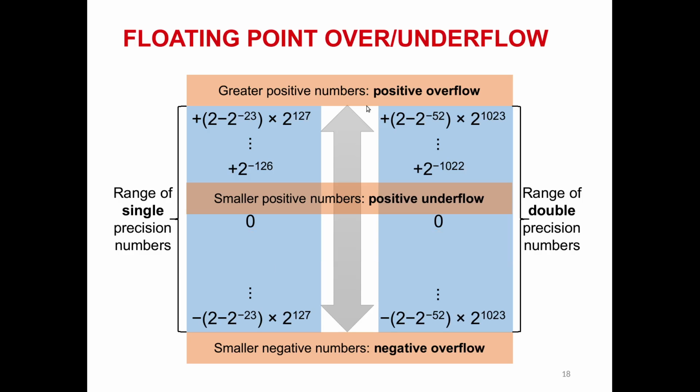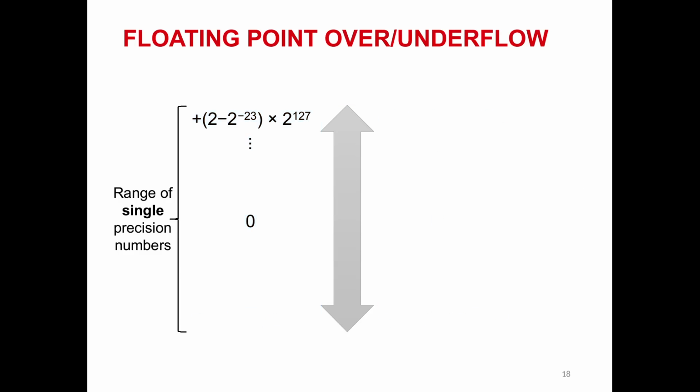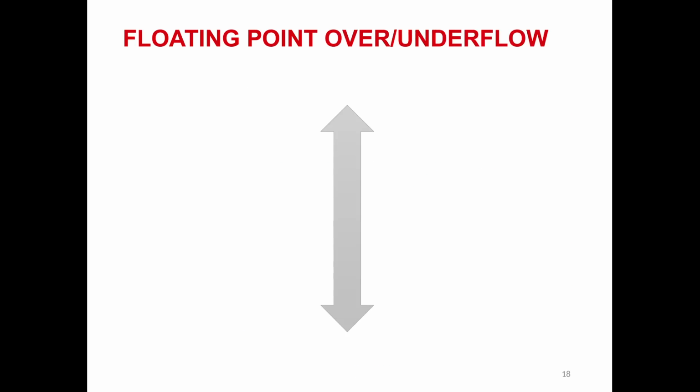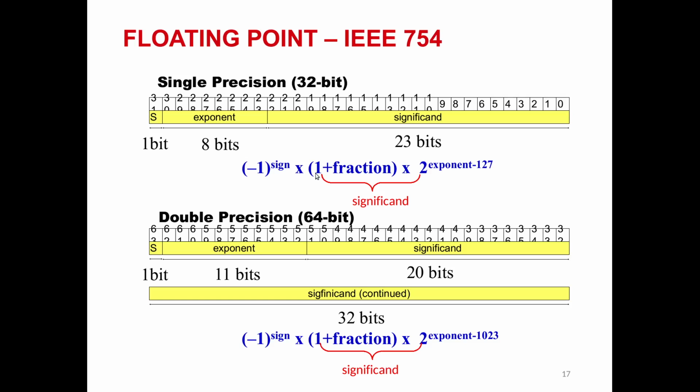So if we look into this format, you can see that it has the same format as the single precision and double precision, which is 1 plus a fraction, multiplied by 2 power something.